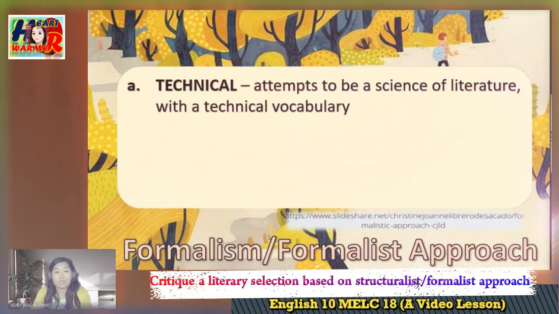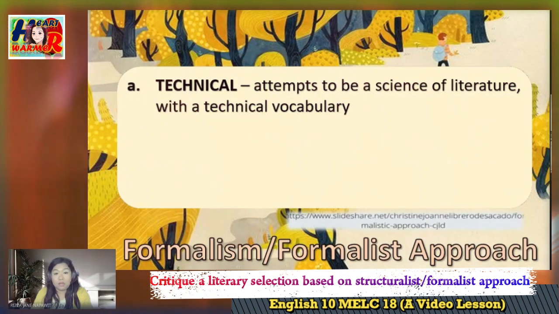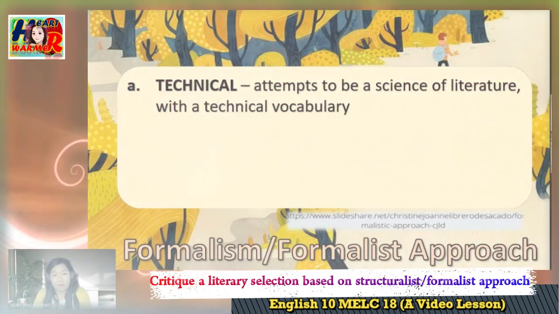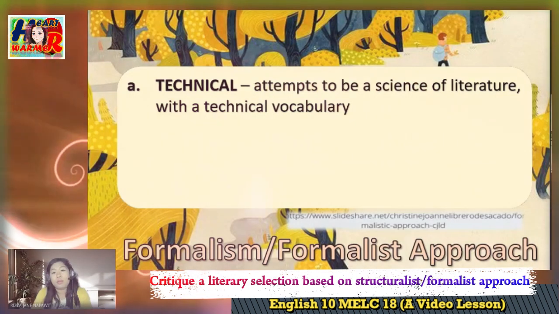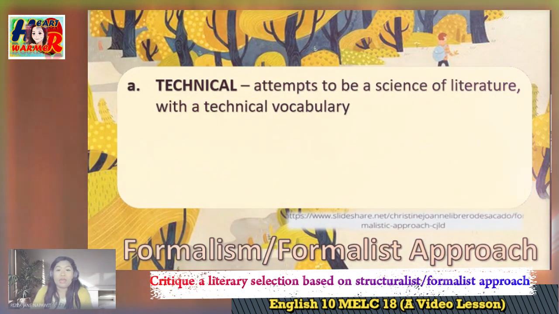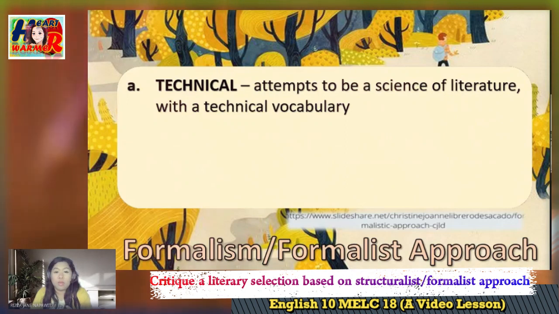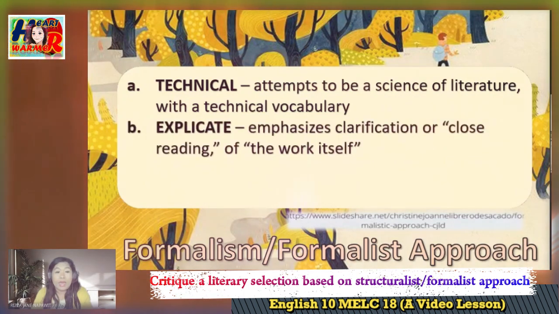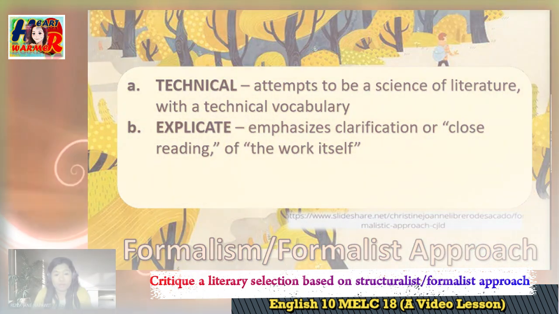Formalism can be, first, technical, because it attempts to be a science of literature with a technical vocabulary. So we try to be more linguistic when we dig into different literary texts. Second, explicative: formalism emphasizes clarification or close reading of the work itself.